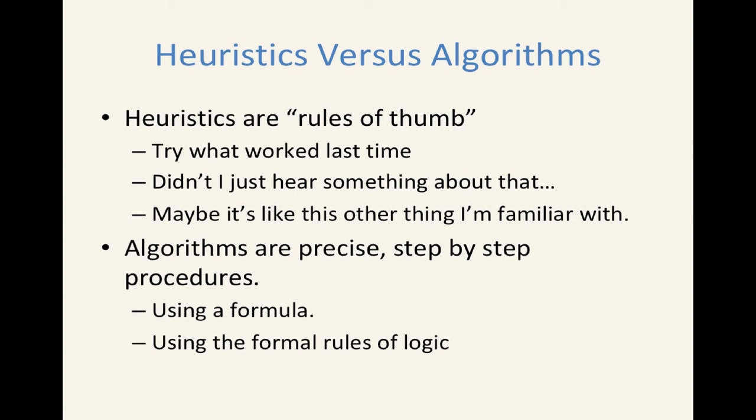And another example is, maybe it's like this other thing I'm familiar with. So you apply an approach that you are familiar with and that works in that context to a new context. So if you have learned how to get along with a very difficult person at work by just smiling and limiting your contact with them, you might try to do the same thing with maybe a fellow student that you're having to be in a group with, or maybe a neighbor that you're having to come into contact with, or a family member.